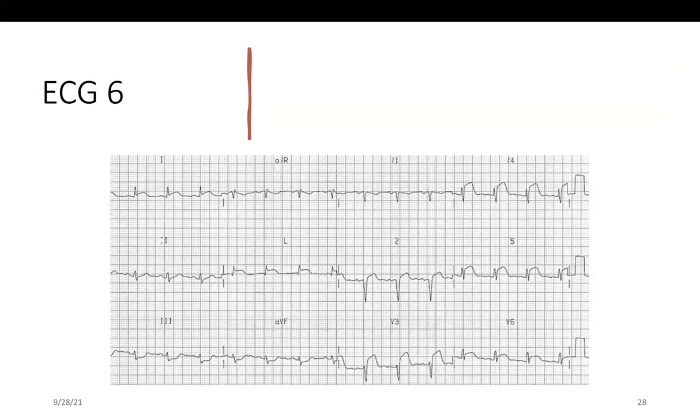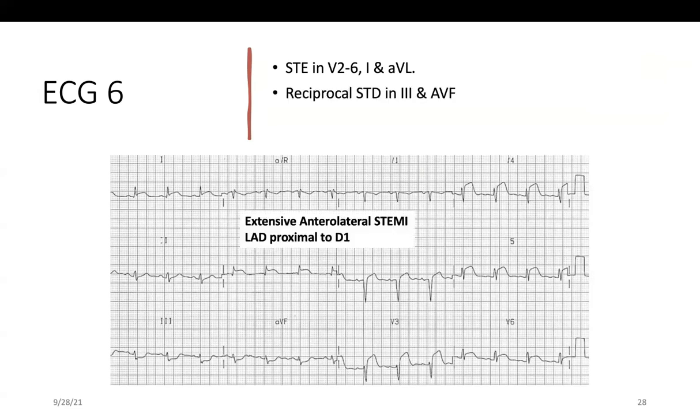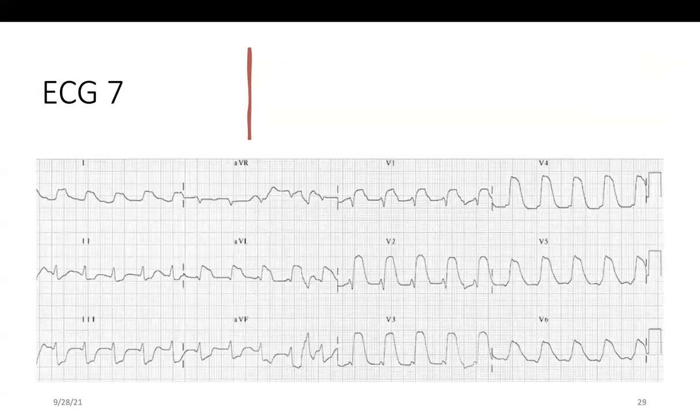There's ST elevation in V2, V3 with the Q waves. So V4 and 5. So this is lead 1, aVL, extensive also anterolateral with reciprocal changes. Okay, so this is most likely again LAD proximal to D1.